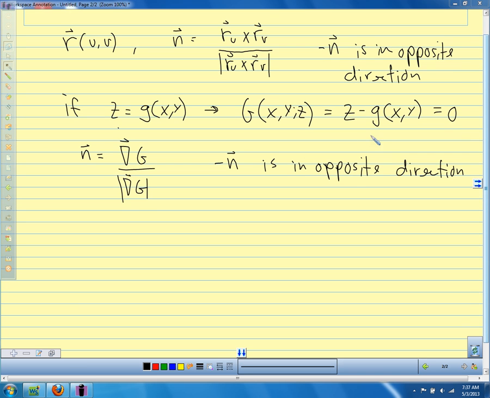So in this case, if we have our surface g of x, y, z, we can write out del g. Del g equals minus dg/dx i minus dg/dy j plus k.